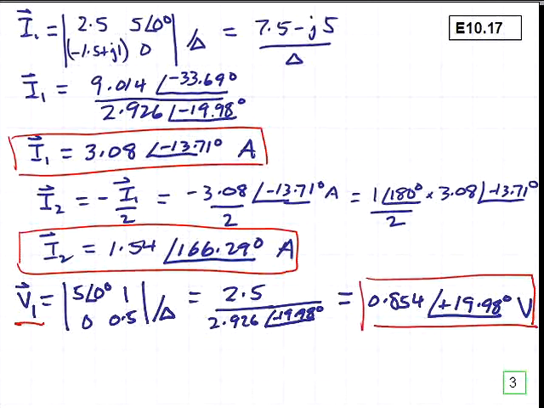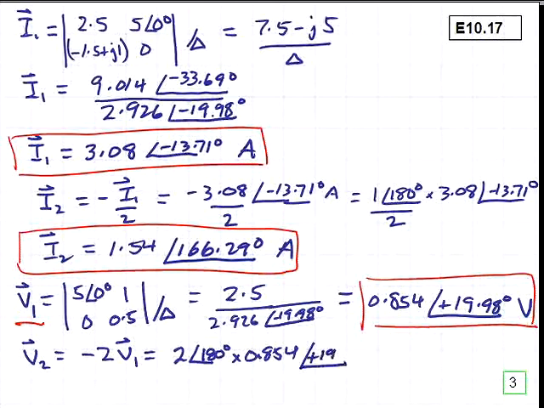Then again, by the transformer relationship, we can write that V2 is equal to minus 2V1, and this will equal an angle of 180 degrees times 0.854 at an angle of plus 19.98 degrees, or V2 is equal to 1.708 at an angle of 19.98 degrees volts.